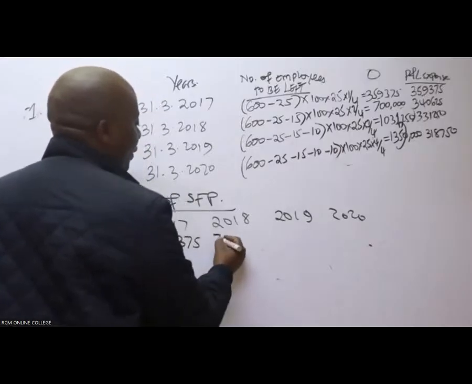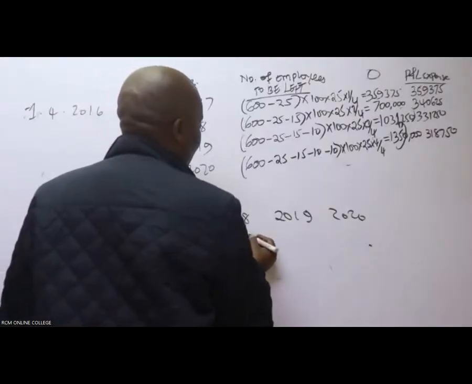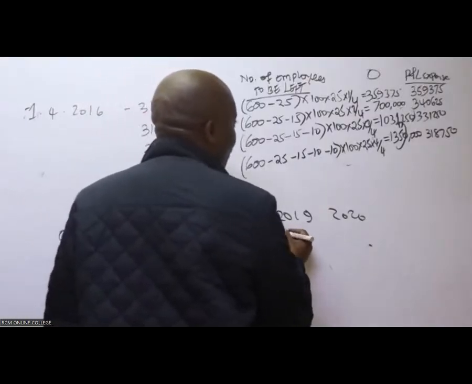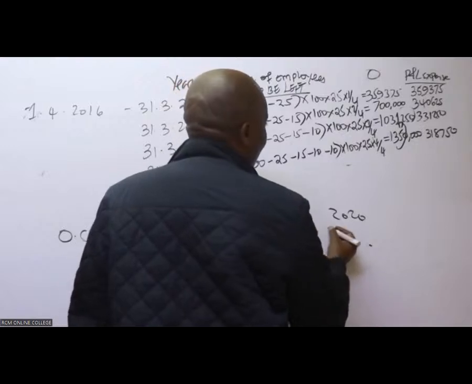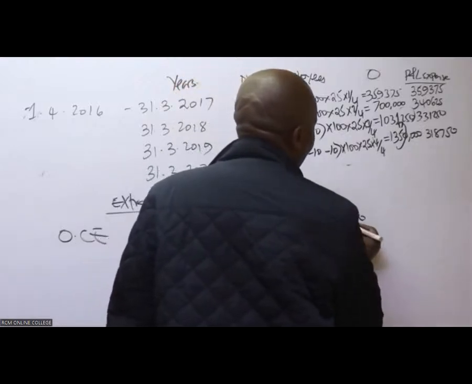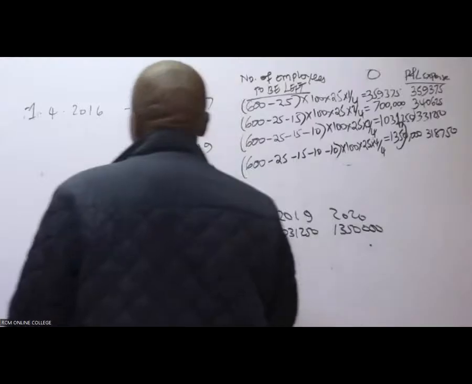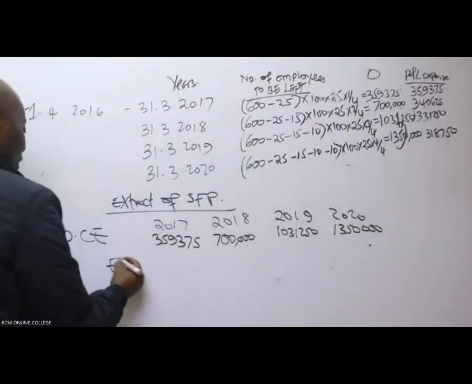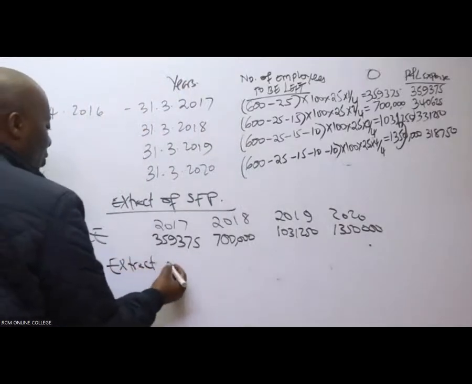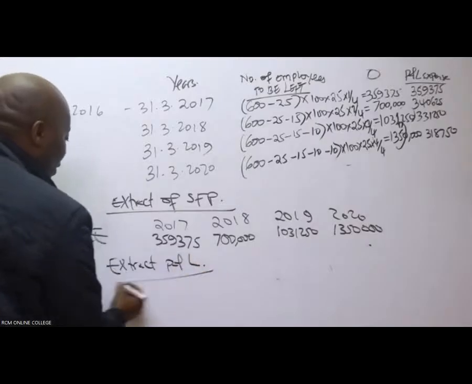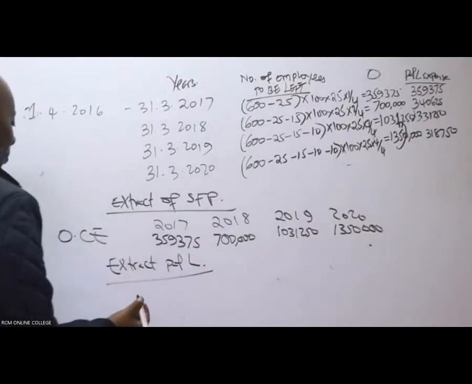We have here 700,000. We have here 1,031,250. And we have here 1,350,000. That is it. And then we have the extract income statement, the extract P and L. Extract means part of it.